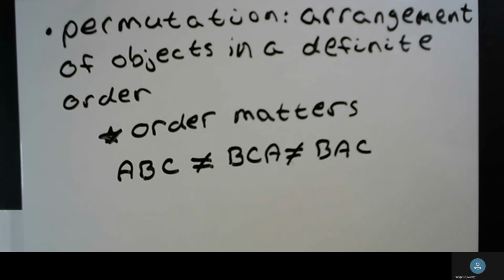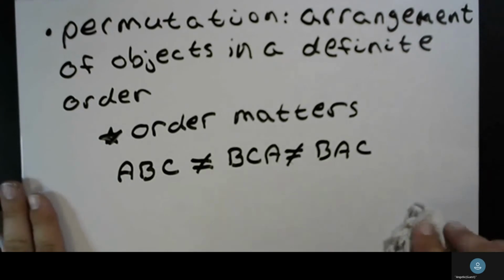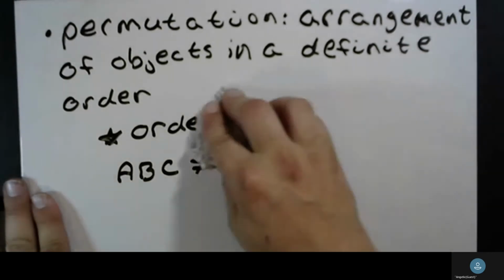So we're going to derive the permutation formula. And so the formula is going to be this. This is the idea.